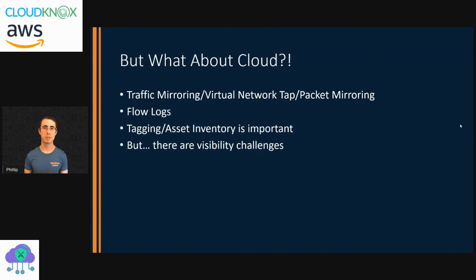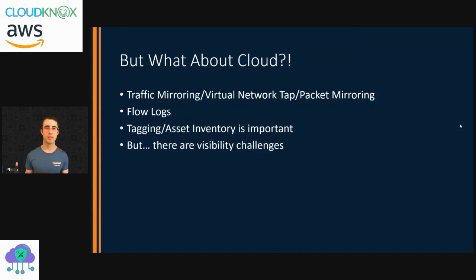But there are also some challenges with the cloud, and the big one is visibility into management traffic. With something like Puppet or Ansible, your traditional configuration servers, that's all going over a network that you can view. However, in the cloud, some of your management traffic goes over the management plane in the background.